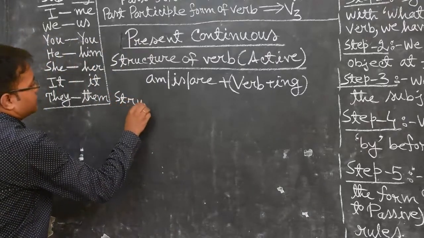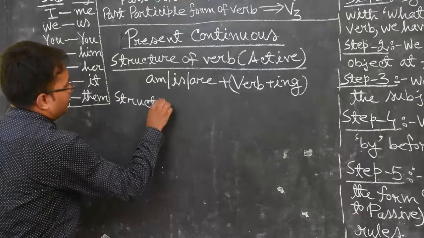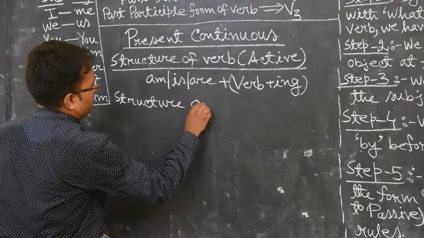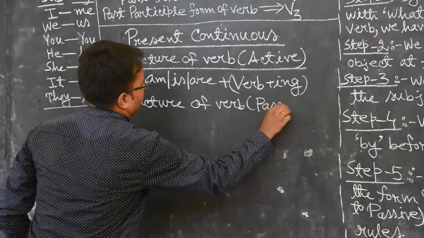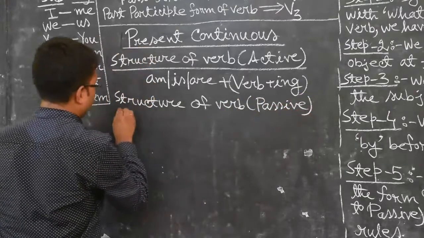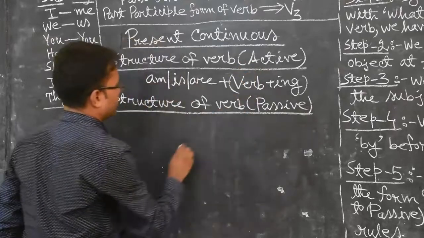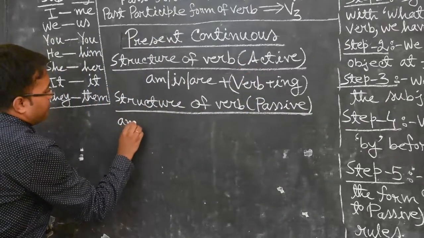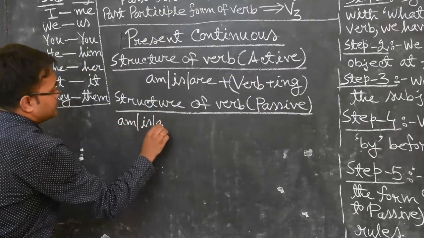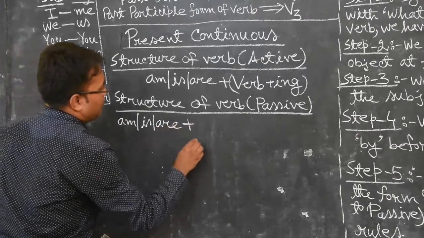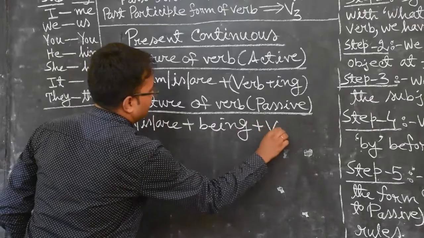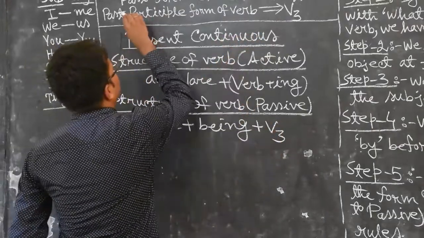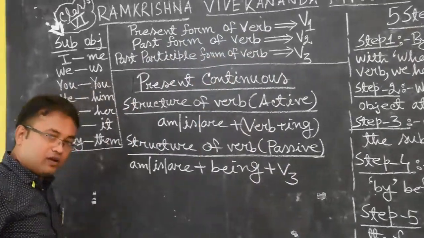Let's see the structure of verb in passive voice: am, is, are plus being plus V3. V3 is past participle form of verb.